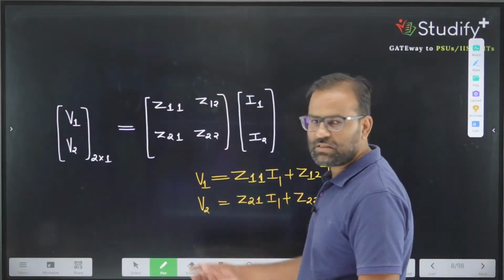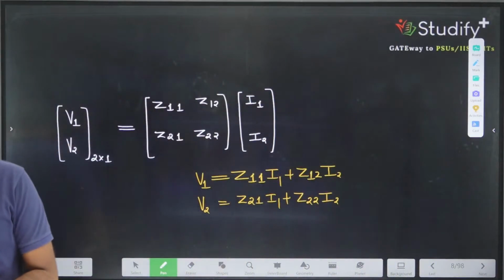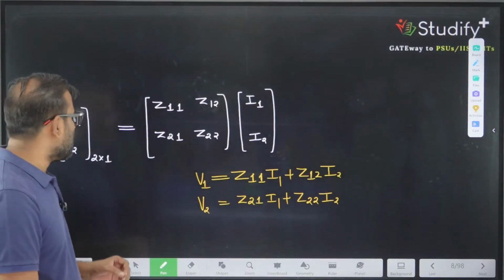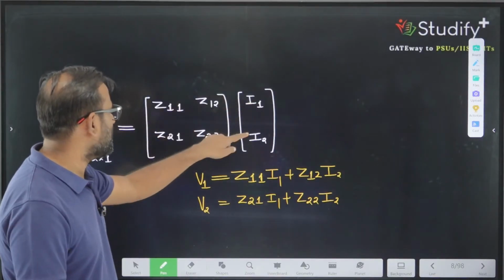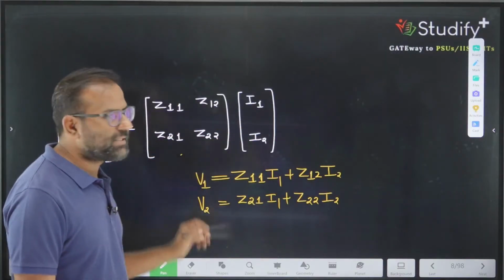These are the two equations which we have obtained from here: V1 equal to Z11 I1 plus Z12 I2, and V2 equal to Z21 I1 plus Z22 I2.